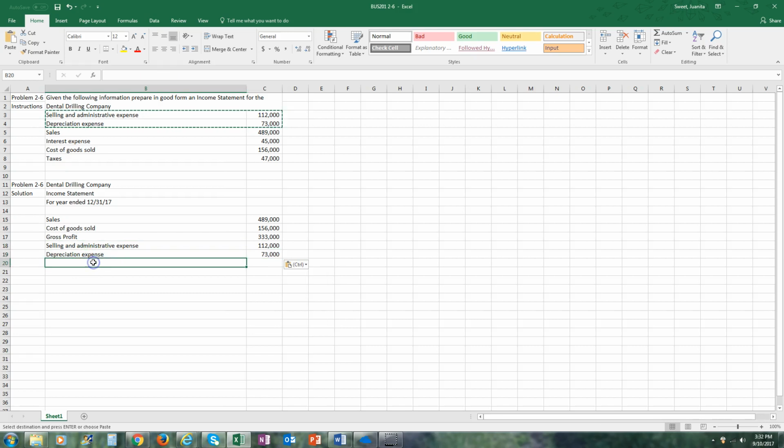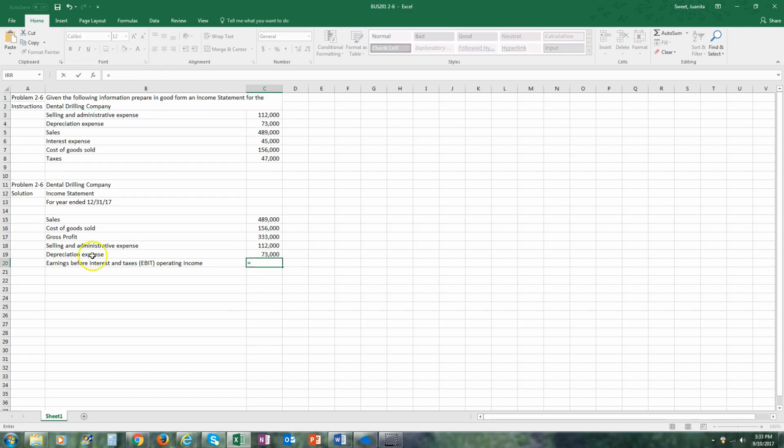When we subtract our expenses, we're going to get our earnings before interest and taxes, or EBIT. This is also called operating income. So those all mean the same thing.